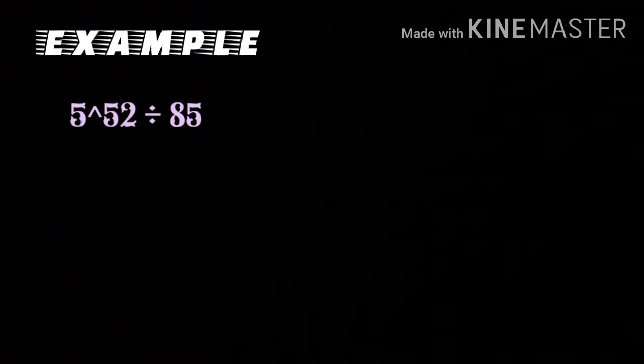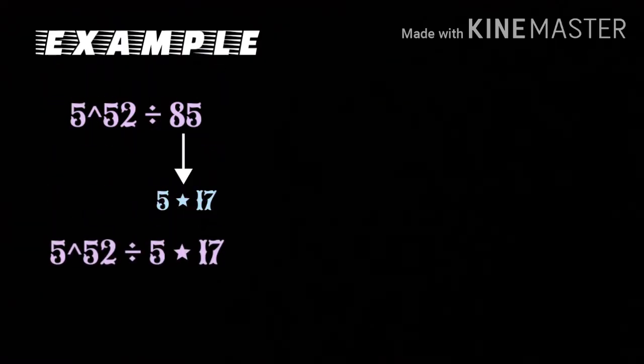First, we must make our divisor a prime number by factoring it. So 85, the factors are 5 and 17. So now we have 5 raised to 52 divided by 5 times 17.